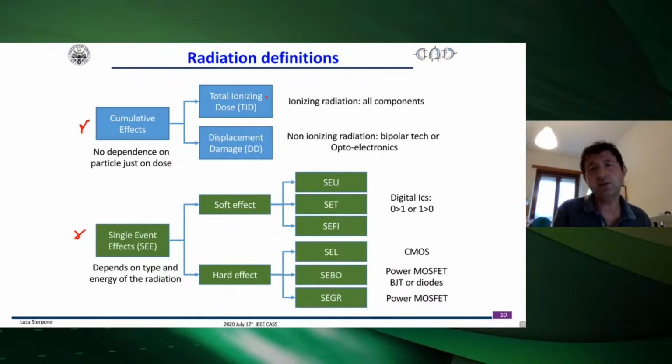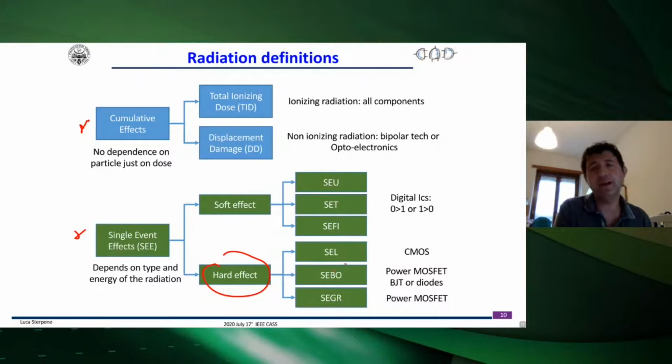On the other side, when we talk about single event effects, we have two important sub-phenomena to be considered. The critical one that should be investigated first when you use a technology in an aerospace device is the hard effect. It means an effect that is going to permanently damage your circuit.